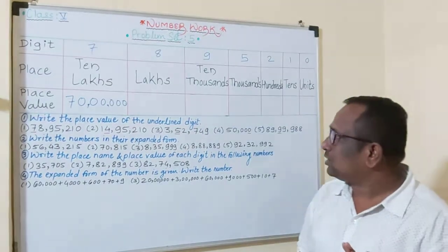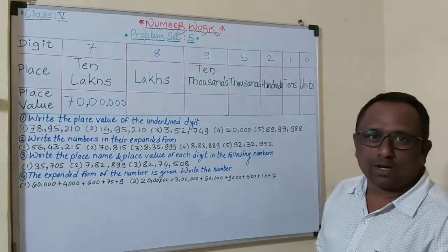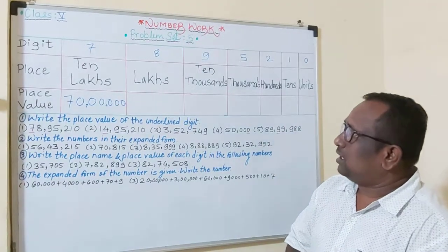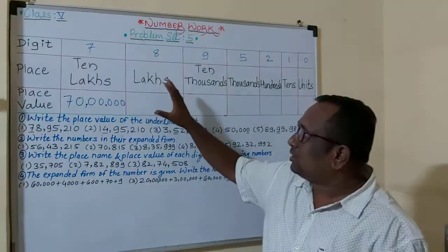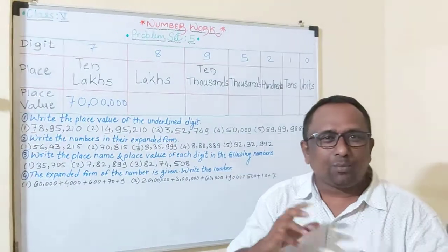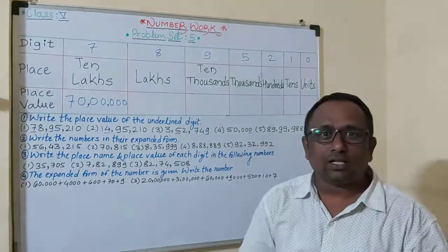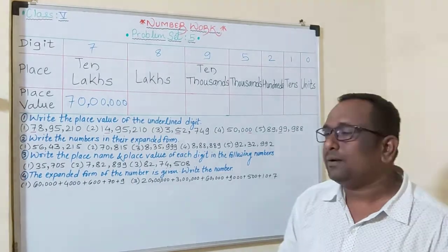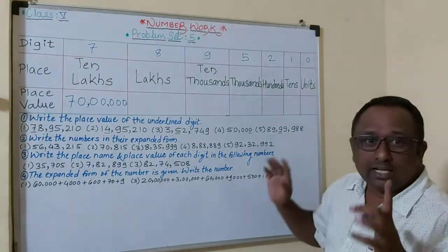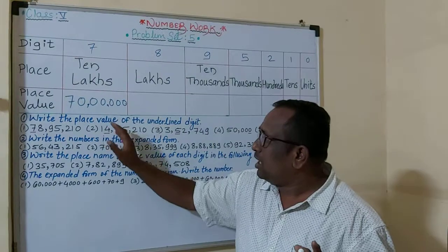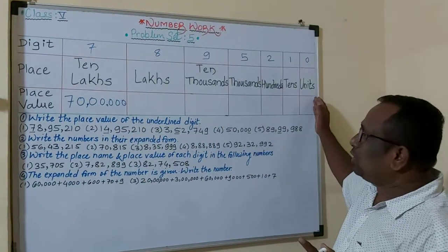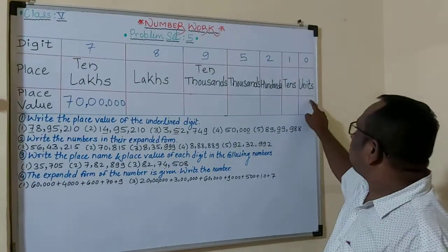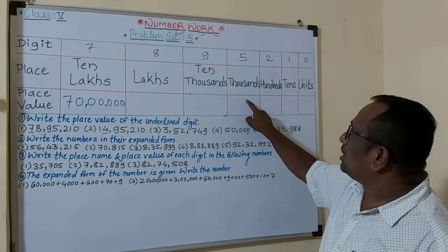I hope you understand this. We will solve one more example now. First, if you have some problem with these examples, prepare this magical chart, the place value chart or khichdi chart. Then write the numbers, whatever numbers are given, starting with the last digit at the unit place, then 10 place, 100, 1000, 10,000.